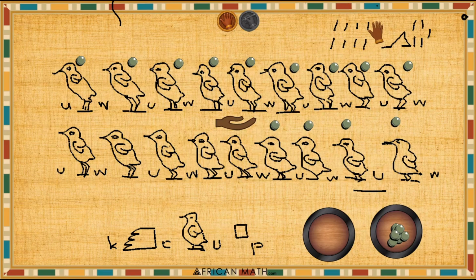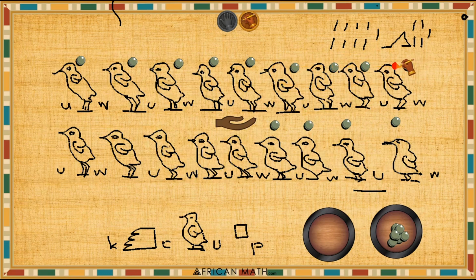And now we can see we have a 5 here, which is a hand. Remember, we have a hand here. 1, 2, 3, 4, 5. So that's embedded inside the 9. And then we have a remaining 4.